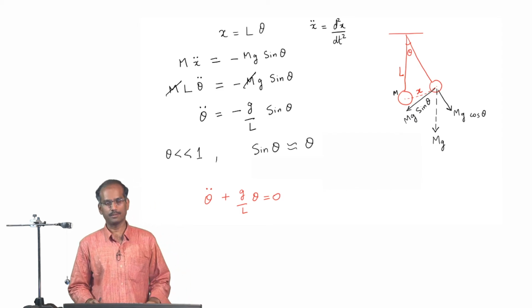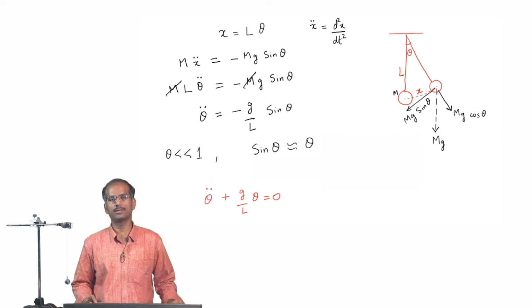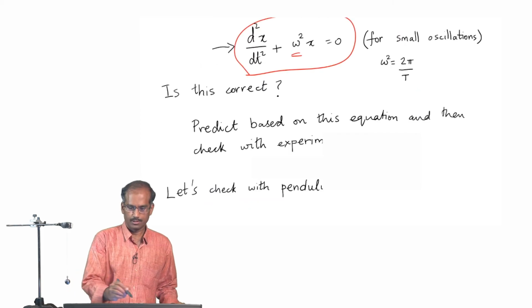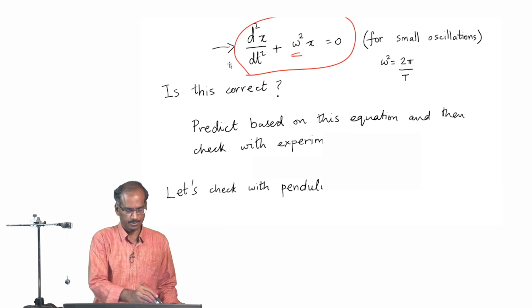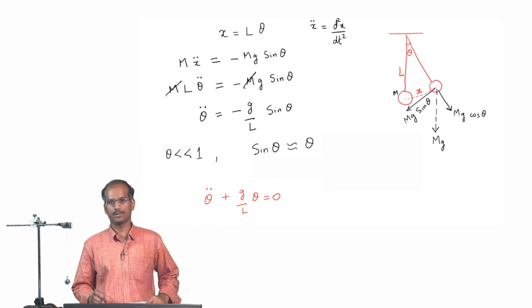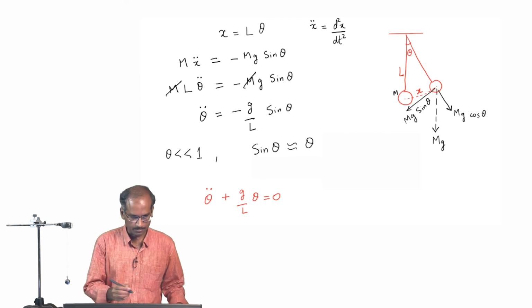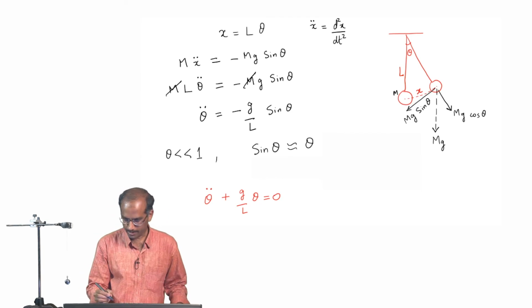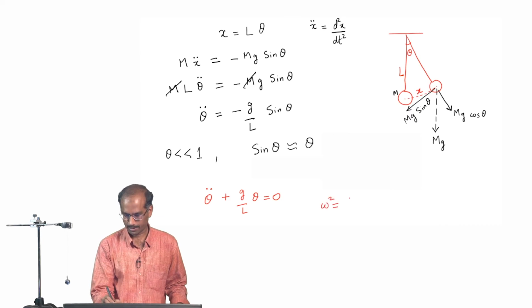Now, if you remember, this equation that we have just written down is similar to the equation that I have here. So, hopefully, this should describe for us the dynamics of this pendulum, but we can go ahead and associate this g by L with omega square.